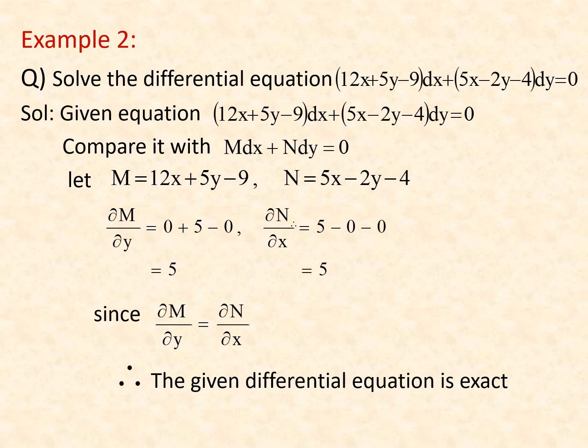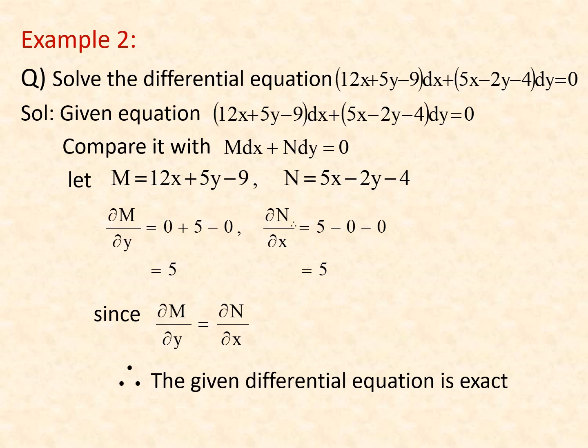Next, take the partial derivative of M with respect to y on both sides. The left side becomes dou M by dou y, which equals: for 12x, since there is no y involvement, the derivative is 0; plus 5y with respect to y becomes 1 into 5, so 5; minus 9 has no y terms, so 0.